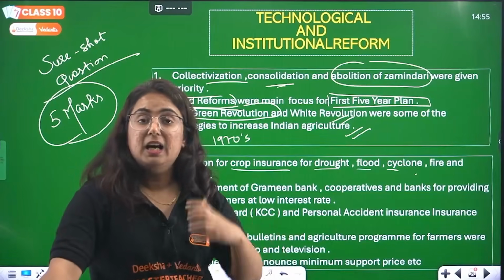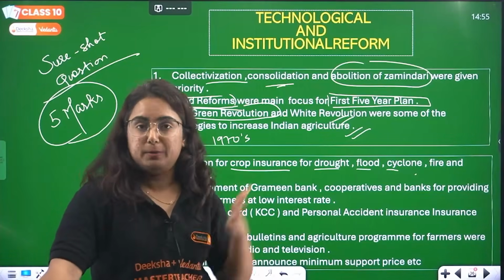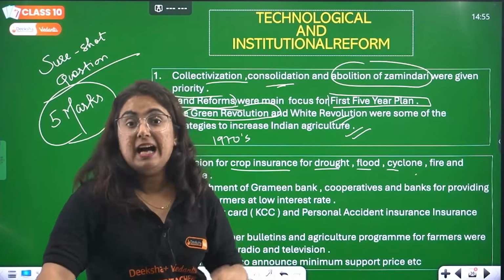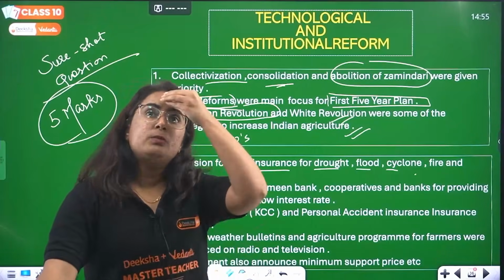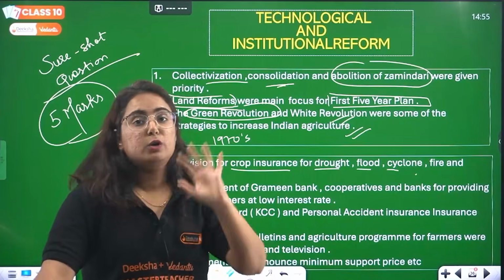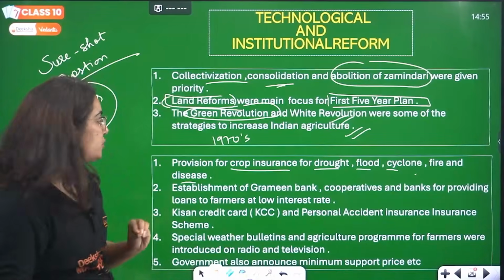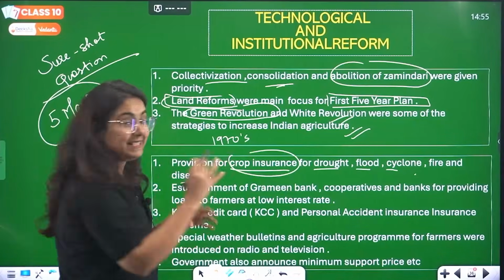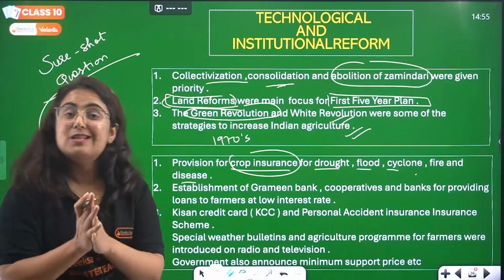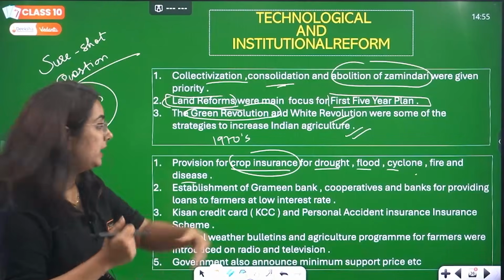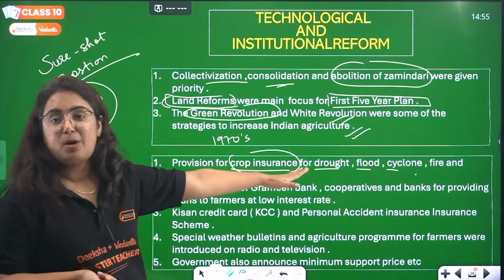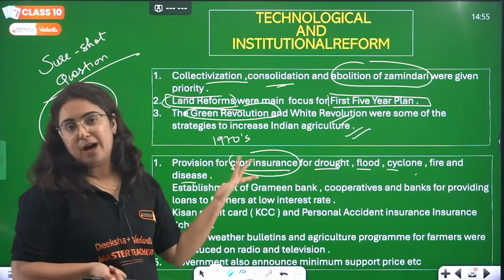And hence, beta, there were a lot of farmer suicides because of this failure of crops in India. Lot of provisions were introduced to safeguard farmers from these situations, and one among them is to provide crop insurance. Yes, those crops are also insured so that in case they fail due to natural disasters, the amount will be provided to the farmers by the government.